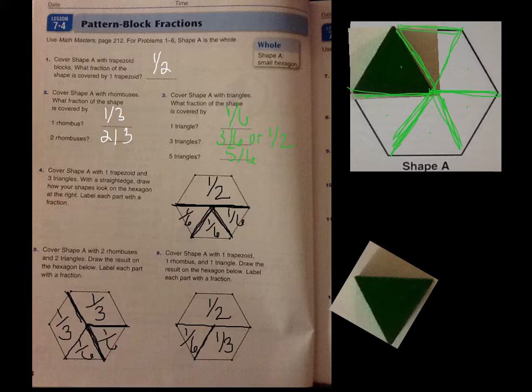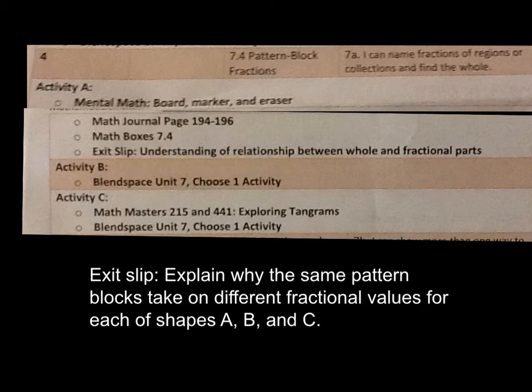For today's work, you'll be doing more problems that are similar to these, only your whole will be represented differently. On the next page, your whole will be shape B, which is the double hexagon, and on the following page, it will be shape C, which is the big hexagon. For activity A today, we can already check off the mental math.